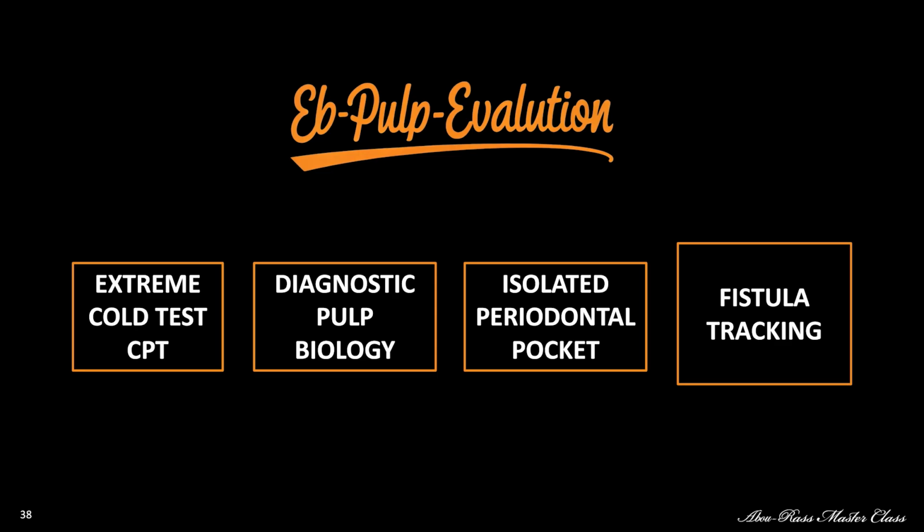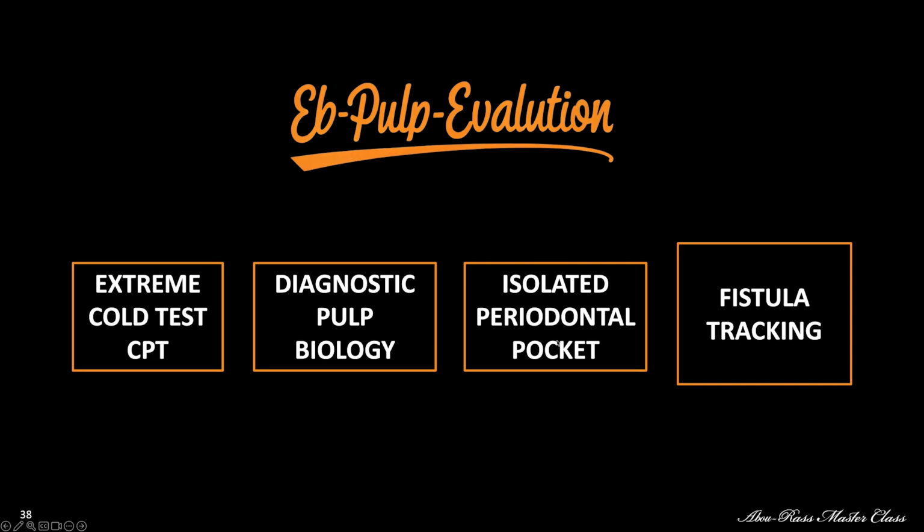You do not see electric pulp test, you do not see here heat test, you don't see drill test, cavity test. What do you see? You see extreme cold test, standard of care, CBT. You see diagnostic pulp biology.